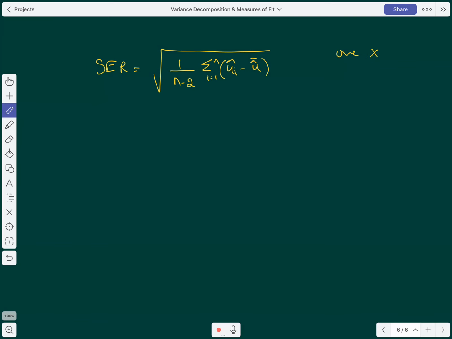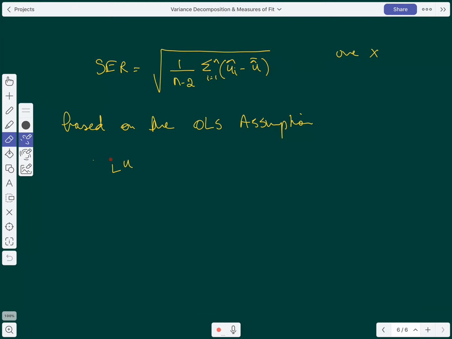Based on the first OLS assumption, the expectation of the error term given x_i is equal to 0.